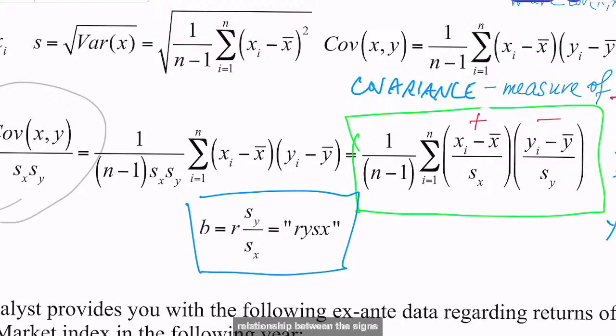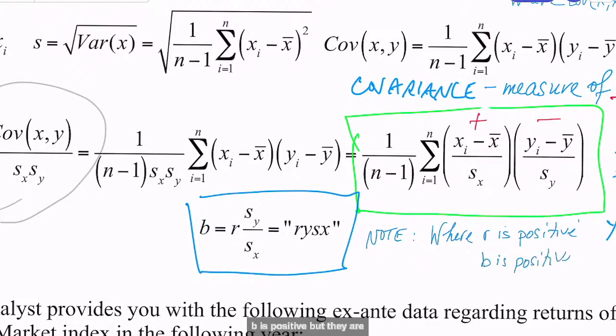So there is a relationship between the signs. Note, when R is positive, B is positive, but they're not necessarily the same number, that's the point I want to make. They are different values. They could end up being the same, but they are different values depending on the SY and the SX.